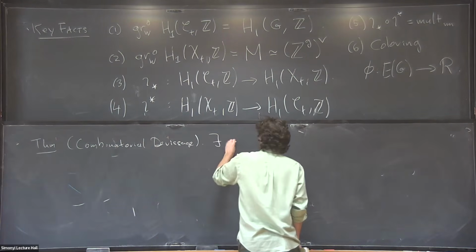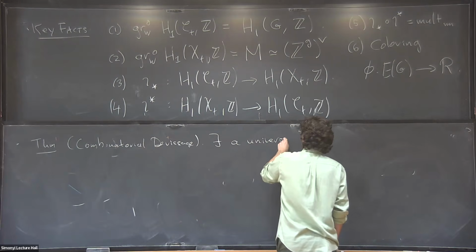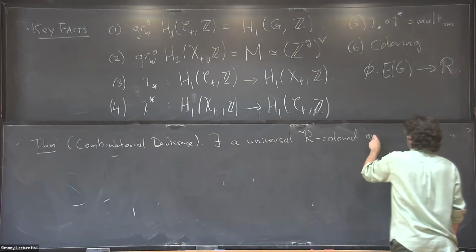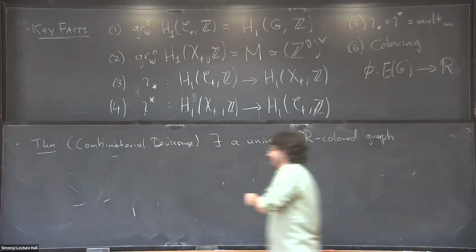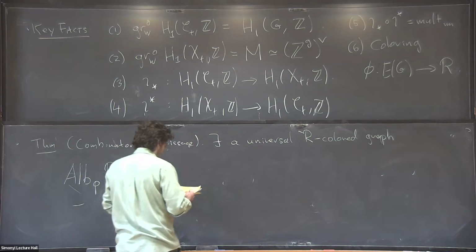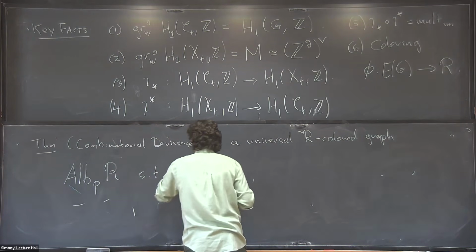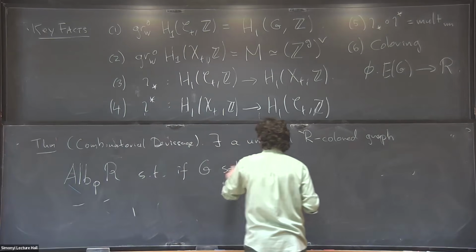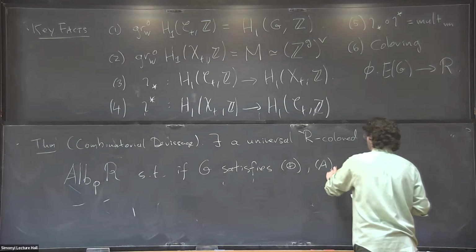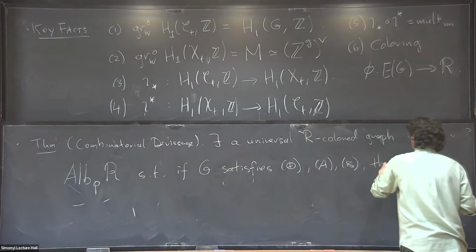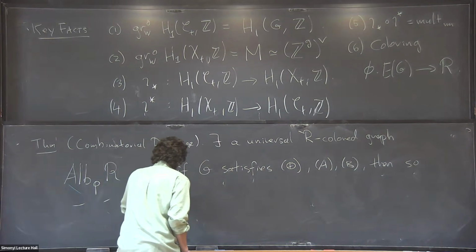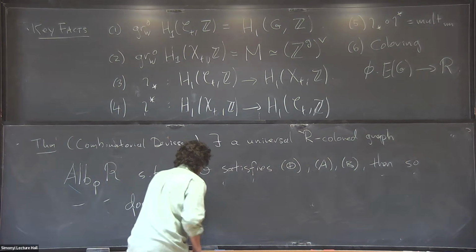There exists actually a universal R-colored graph, which we call the mod P Albanese graph, such that if G satisfies plus and the conditions, then it maps to it.